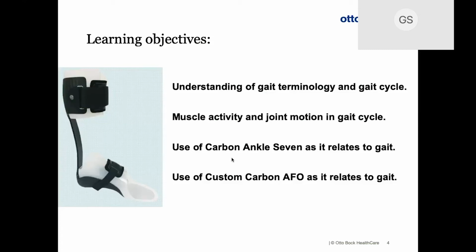And then we're also going to look at Carbon Ankle 7 as it relates to how you successfully implement this for those gait patterns, and then the custom carbon AFO. Along the way, we're going to learn a few things about rollover shape and maybe pendulum gait, and also how carbon affects the guidance of orthotic design.